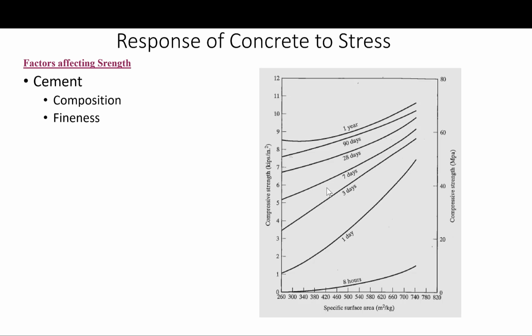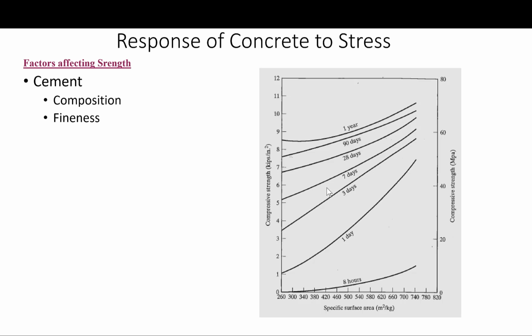This is due to changes in raw material, burning conditions, and the like. So it has been estimated that this variability in cement quality leads to a coefficient of variation in concrete strengths on the order of maybe 5%.